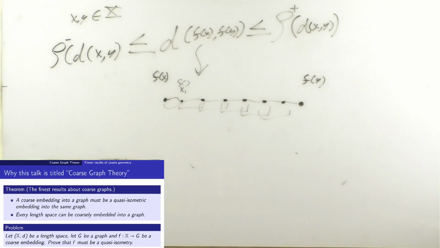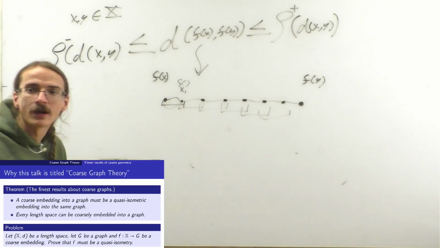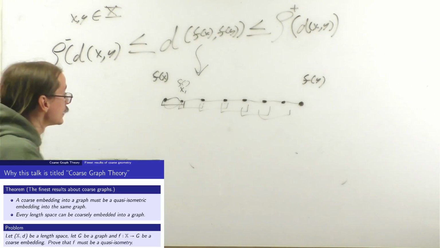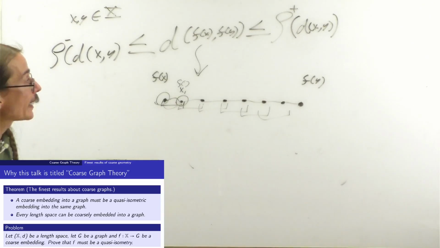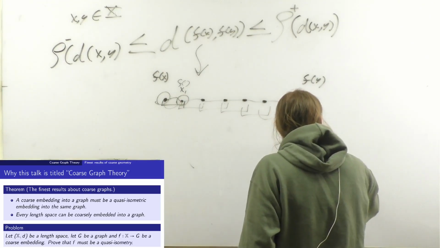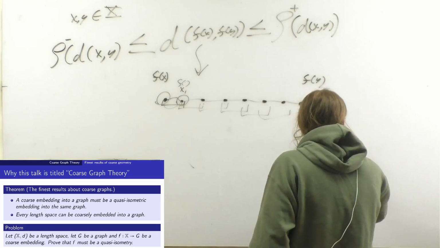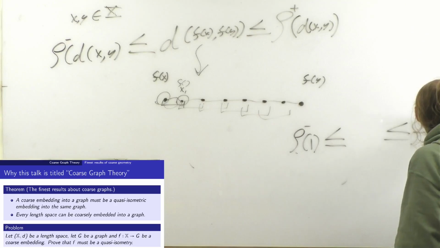Okay, so we have a distance on the graph, its length is 1. This point has some image, this point has some image, and they're bounded by rho minus of 1 and rho plus of 1.